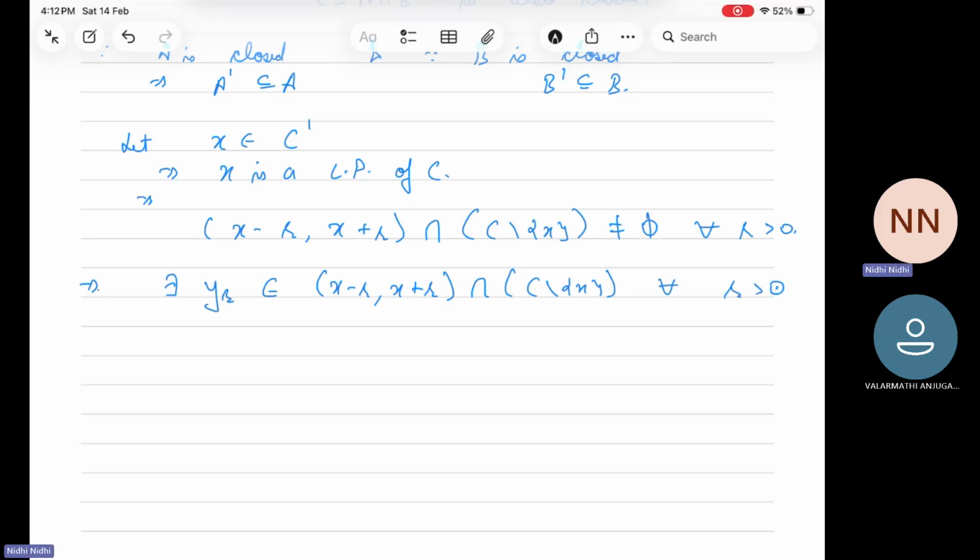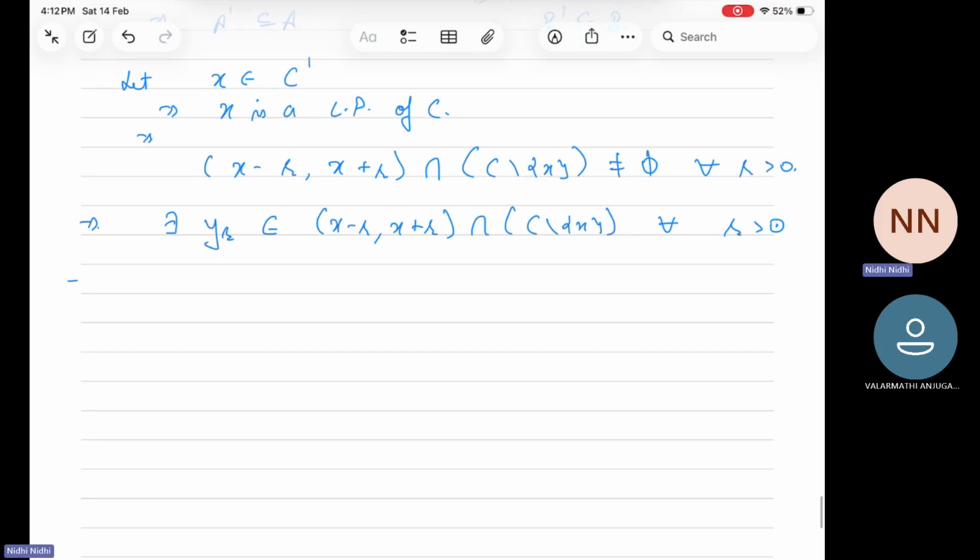Now, since C is A intersection B, this implies y_r belongs to (x minus r, x plus r) intersection A intersection B minus {x} for every r positive.